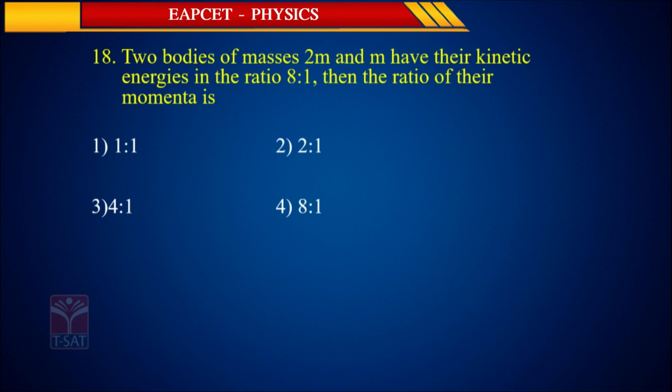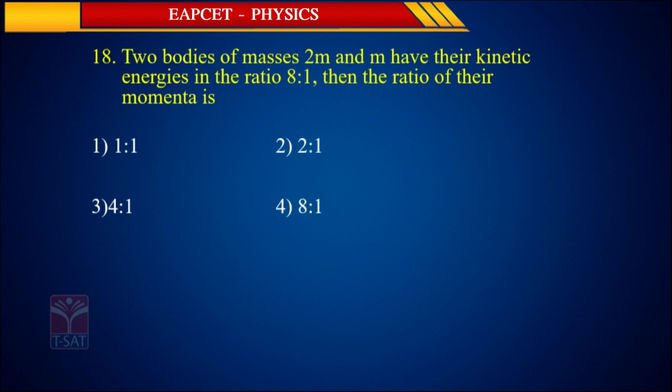Similarly, two bodies of masses 2m and m have kinetic energies in the ratio 8:1. Then the ratio of their momentum?